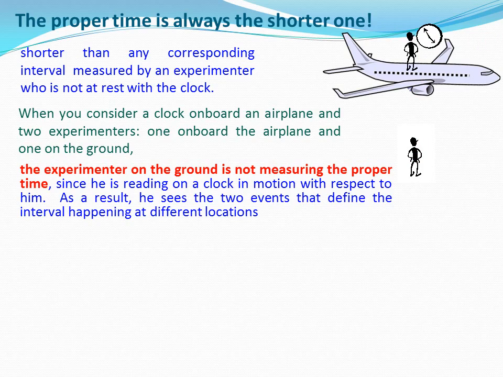As a result, he sees the two events that define the interval happening, one here and the second one here, even if for the observer on board the airplane they happen at the same location.